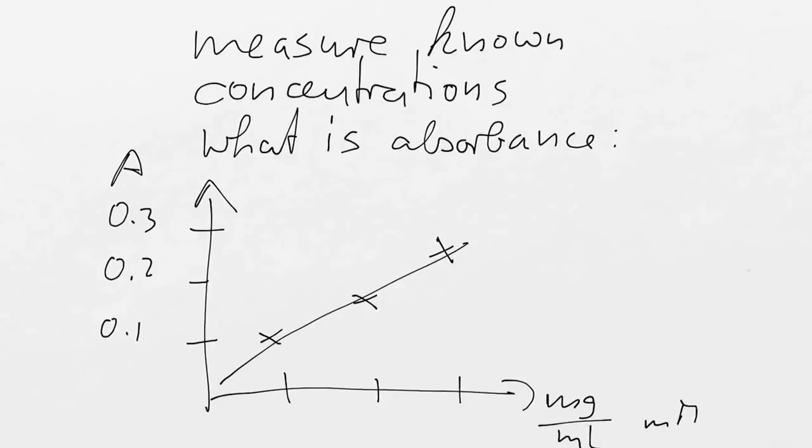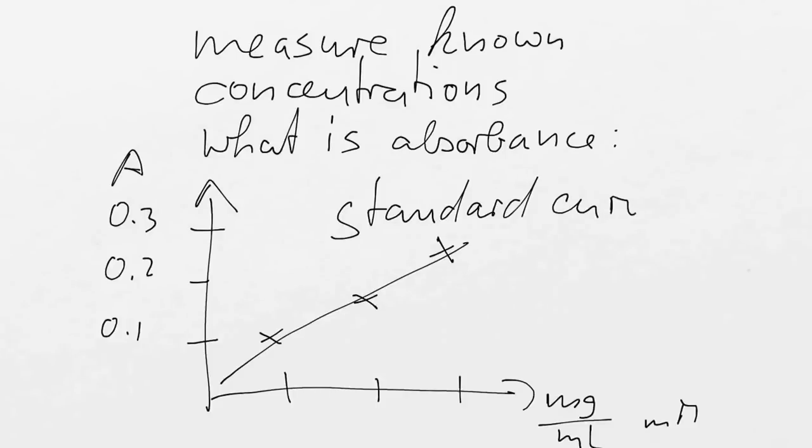Hopefully a straight line, because the absorbance is directly proportional to my concentration of the substance. So I get a straight line. This is actually called a standard curve. A line is a curve, it's just a straight curve. So it's a standard curve.